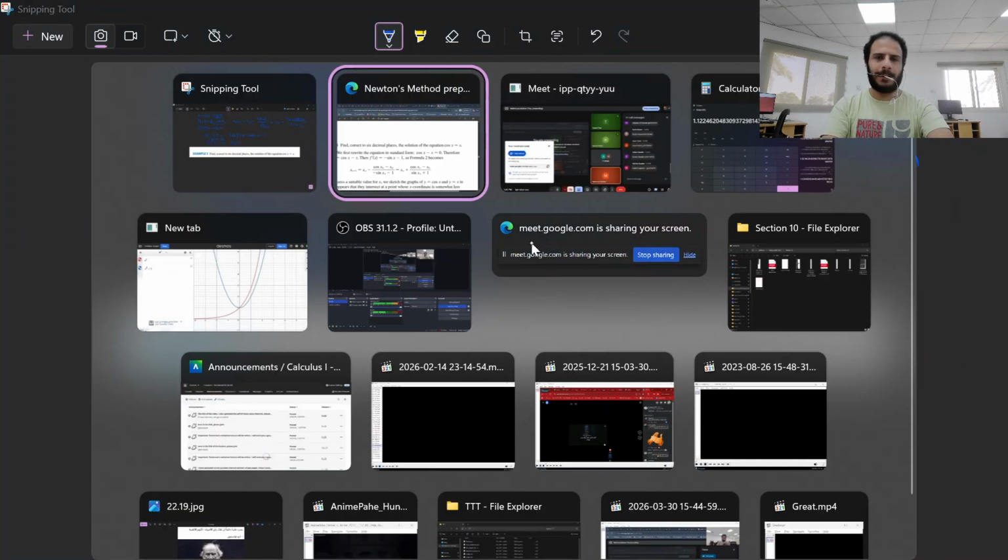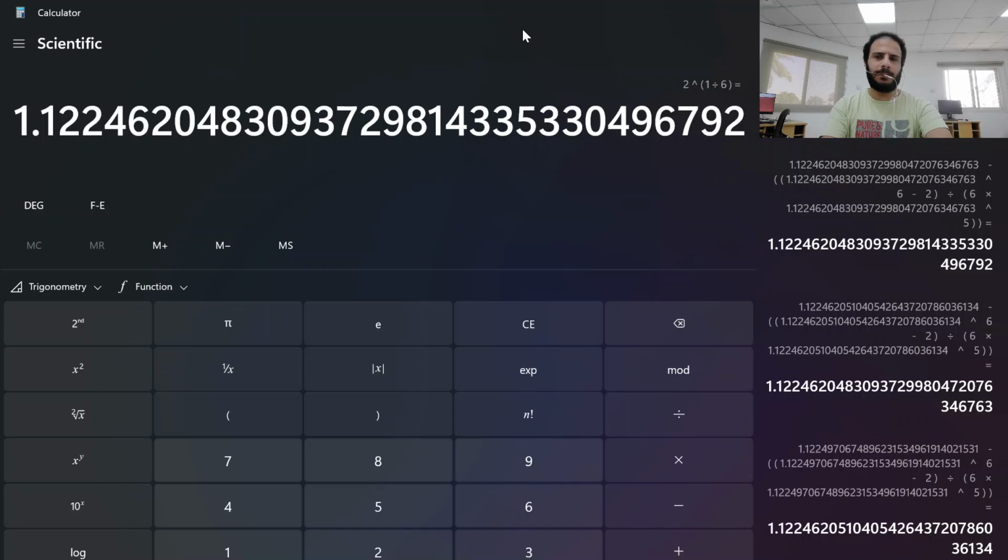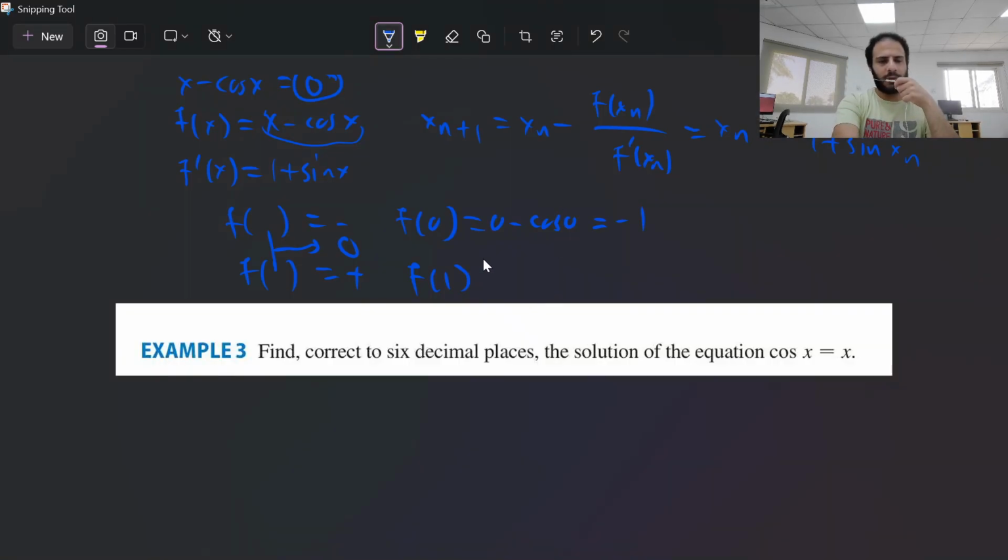If you substitute 1, f of 1, we need the calculator, right? If you don't want to use your calculator, substitute pi over 2, for example. You get pi over 2 minus cosine pi over 2, and cosine pi over 2 is 0, so it equals pi over 2. Pi over 2 is nearly 1.57, okay?